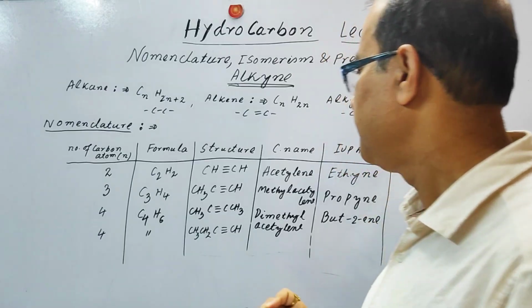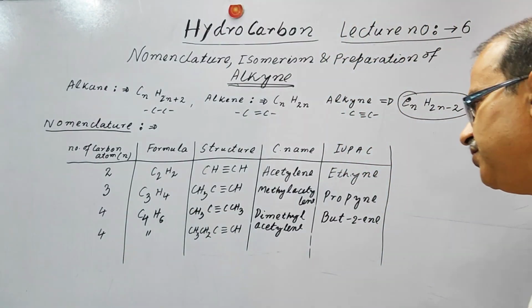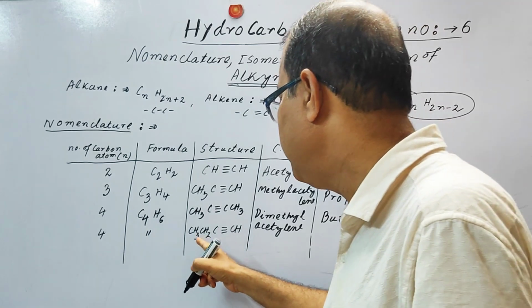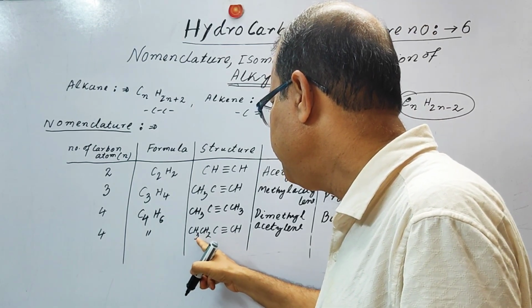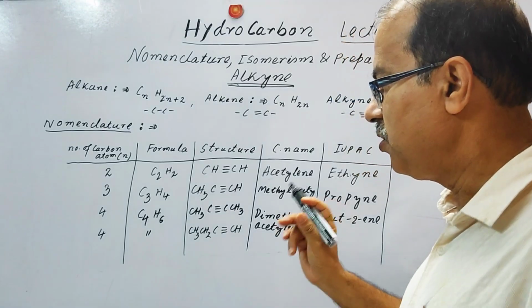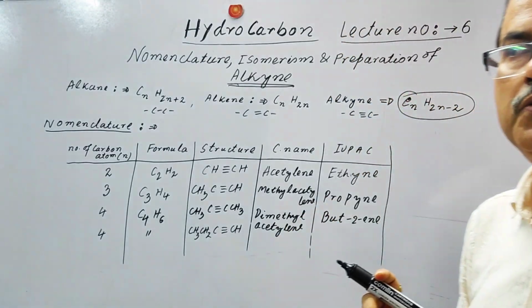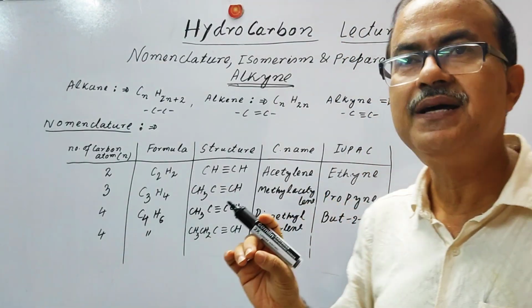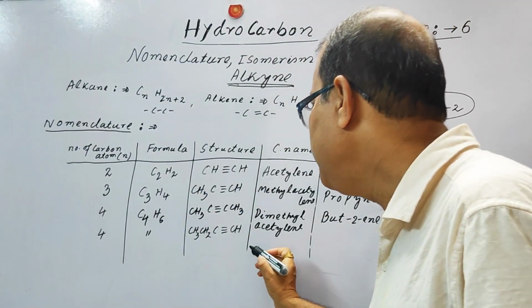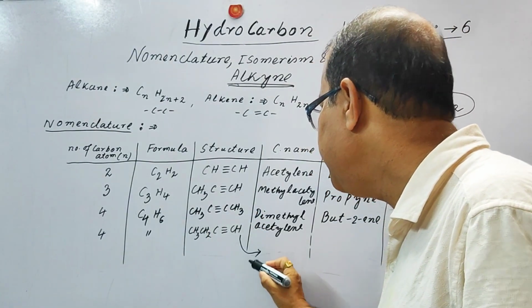When you are constructing this structure, you can always count the hydrogens also: 5 plus 6, hydrogen is 4. So you have to always count the hydrogen, so you will be able to have the correct structure. So what will be its name?